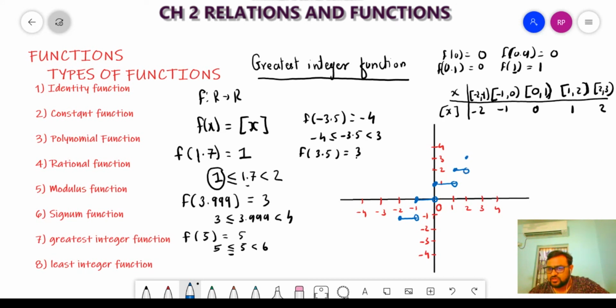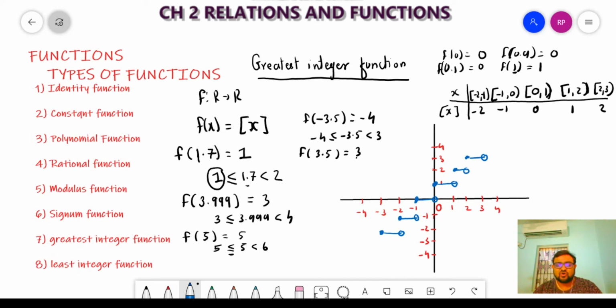Right? So this will be the graph. I can extend it here. Remember, in greatest integer, the solid circle will be on left side and the hollow circle will be on right side. So this is the greatest integer function, not greater than x.